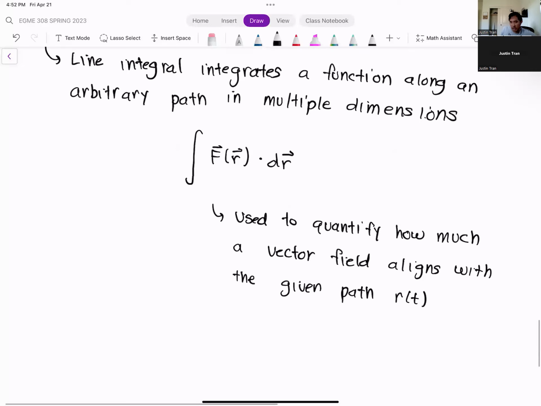This takes on an even more special meaning when the path that we choose is a closed path.